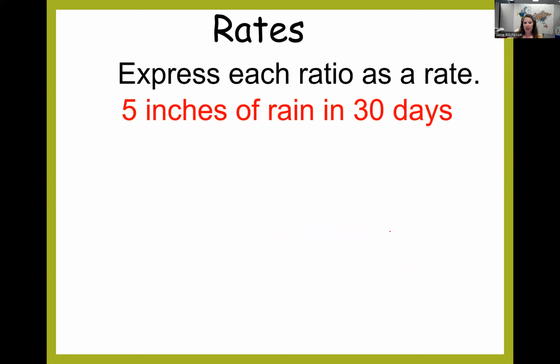All right, what if there were 5 inches of rain in 30 days? How much rain per day? If I want inches per day, that means I have to divide 5 by 30. It's not 6, you guys.